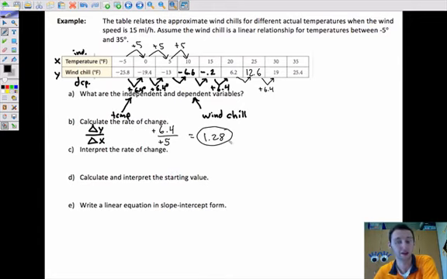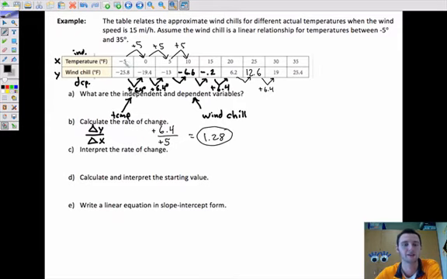Okay. Now, that's fantastic if you can calculate that, but if we don't really know what it means, it's not really that interesting. So interpreting the rate of change is really just asking, okay, what does this 1.28 number mean as it relates to our situation up here?